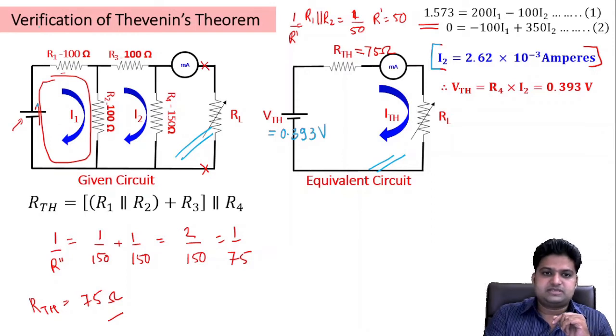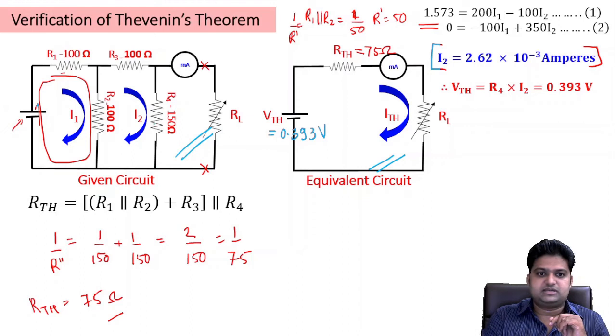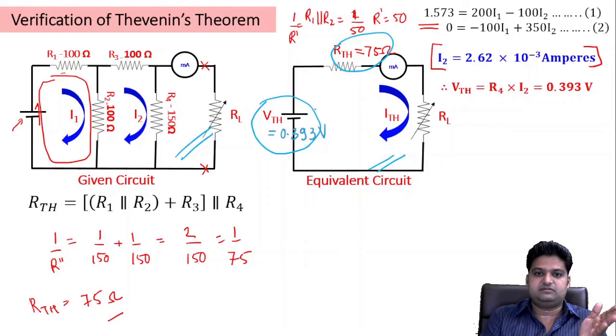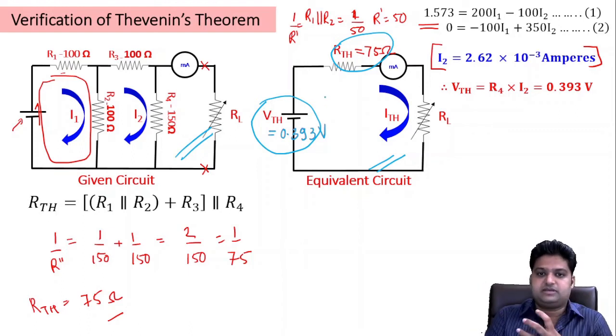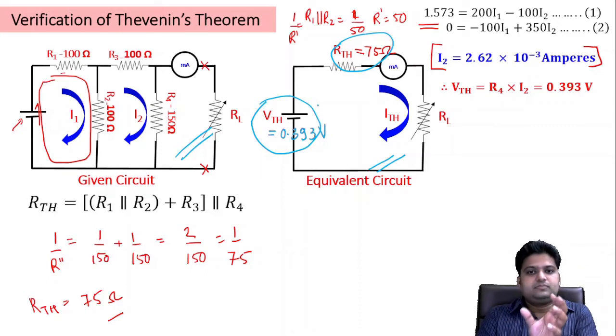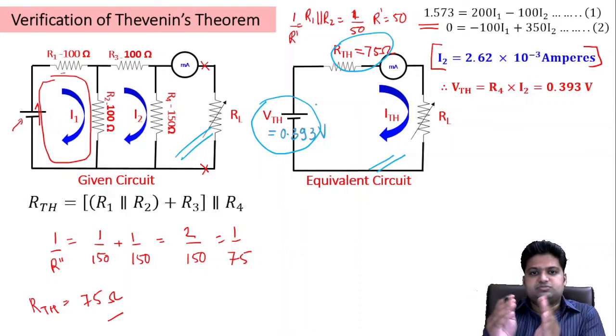I'm going to replace the entire circuit that is given to us by just simply a VTH and RTH. We'll get Thevenin's resistance and Thevenin voltage, and create an equivalent circuit. So you can see such a big circuit just simply becomes a small one.